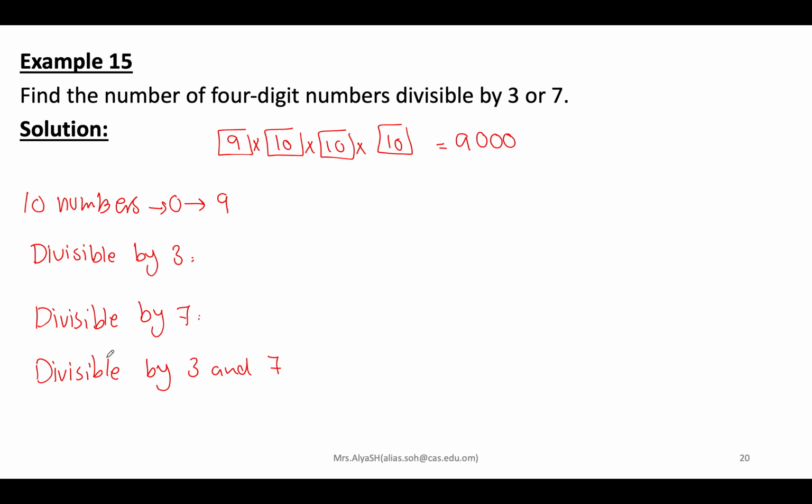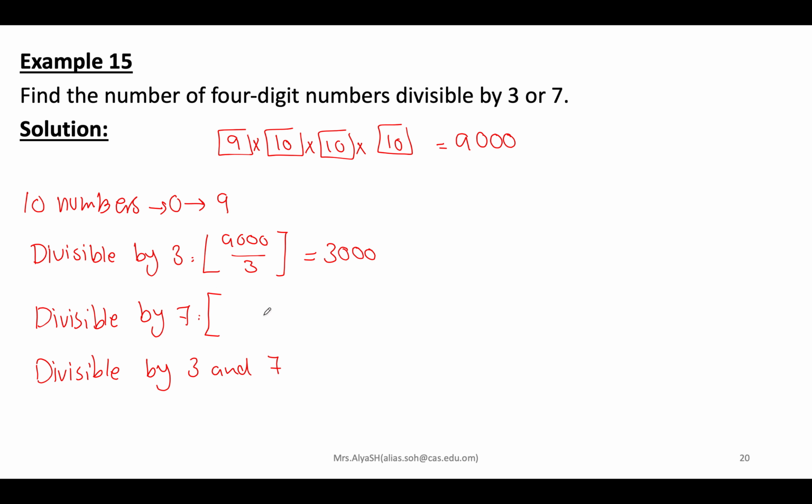Then we can find how many numbers are divisible by 3 or 7. From those 9,000 numbers, 9,000 divided by 3 gives 3,000 numbers divisible by 3.